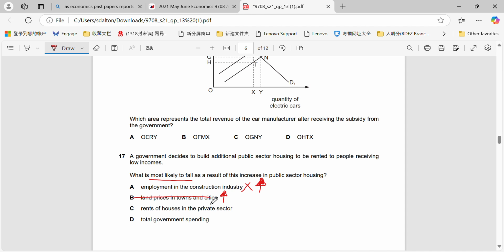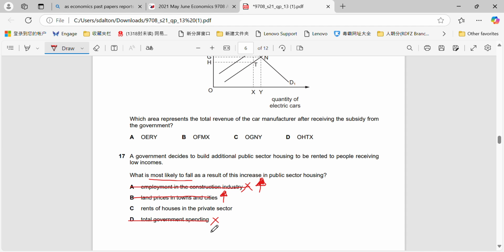In addition to that, you want to think about the level of land that would be available. We would be using up land to build additional public sector housing, which would provide less land to be built for private sector housing. And therefore, if we can build less, then the supply of private sector housing, for example, could be affected. Total government spending will definitely not fall.